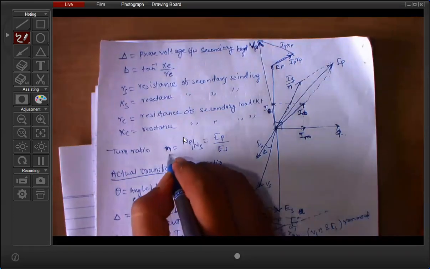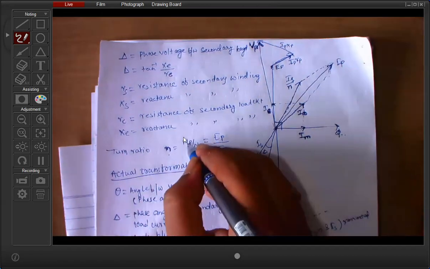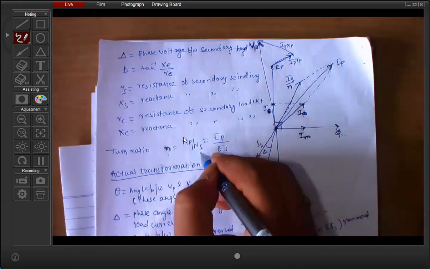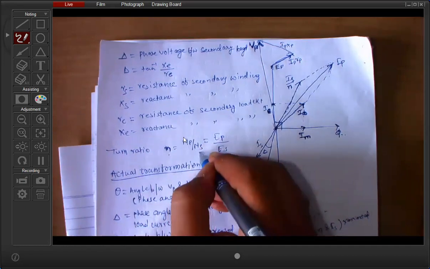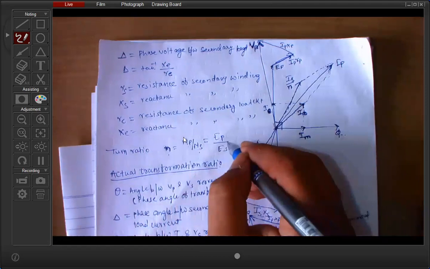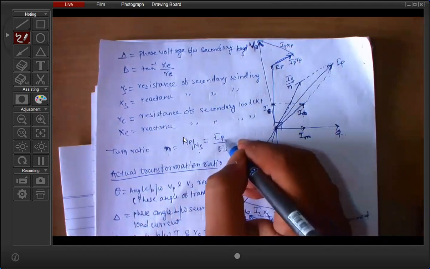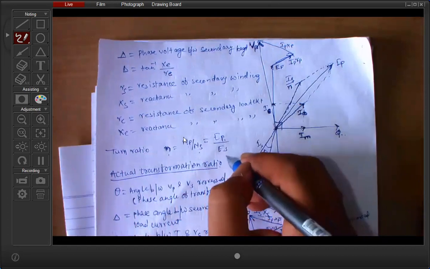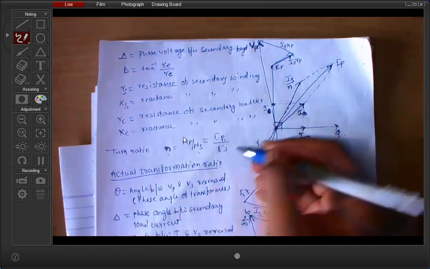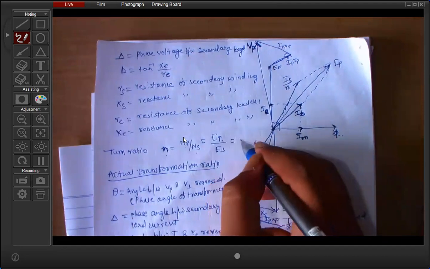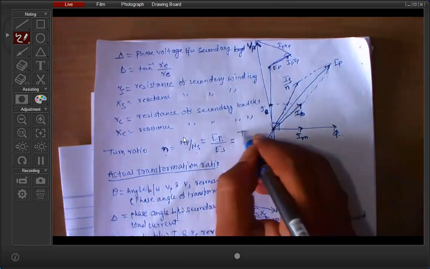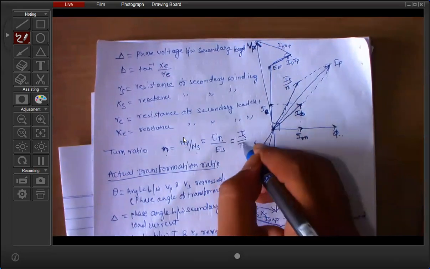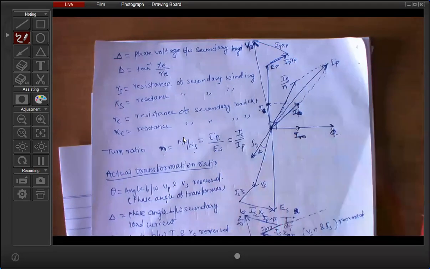In case of a potential transformer, N is equal to the number of primary turns by the number of secondary turns, equal to the induced voltage of the primary terminal by the induced voltage of the secondary terminal, or equal to IS by IP. Yes or no?